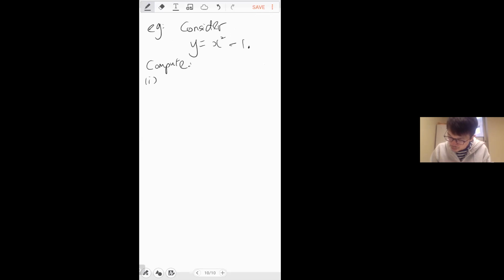First, compute the total area between -1 and 3. By total area, I mean the physical area, so I don't care about whether it's positive or negative. Second question is compute this definite integral.